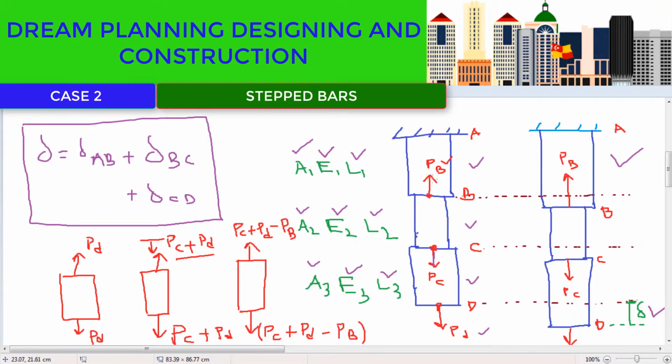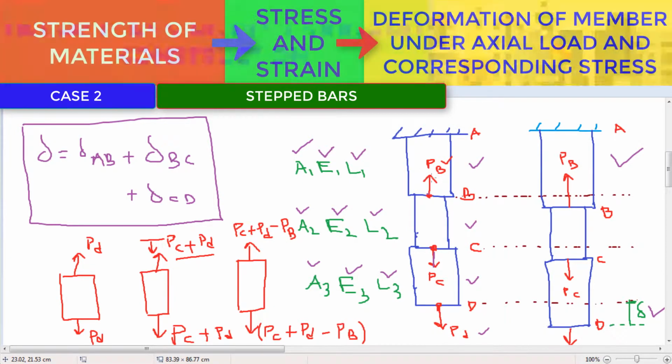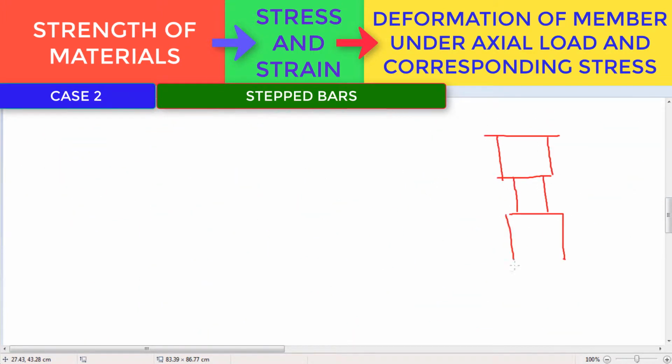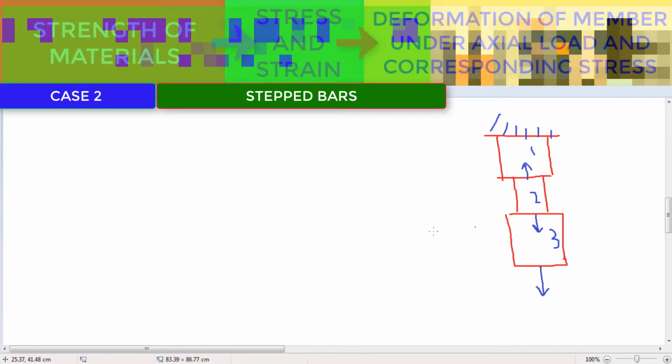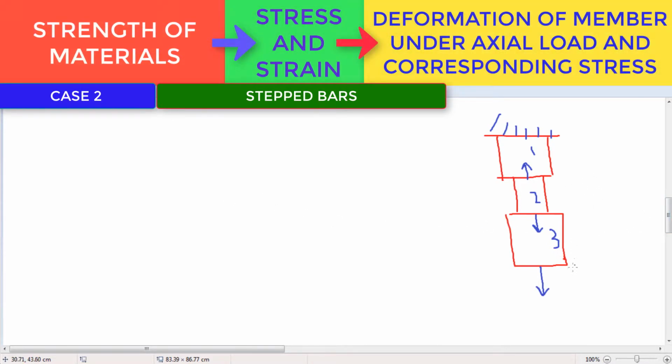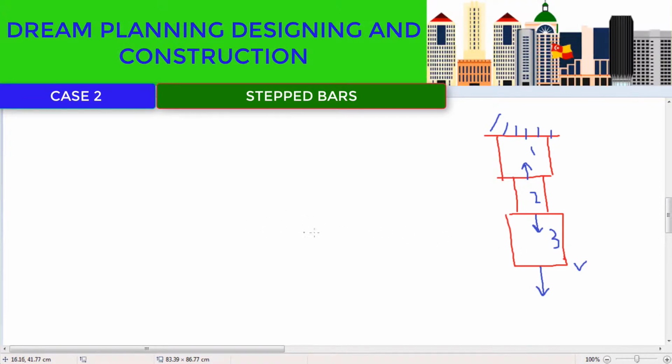If you have any confusion about this force direction, then I will clear it up very accurately. From this figure, if we draw the free body diagram, suppose we denote that as the first member, that as the second member, and that as the third member. We said previously that for this type of case we calculate from the free end. So at first we draw the third member.